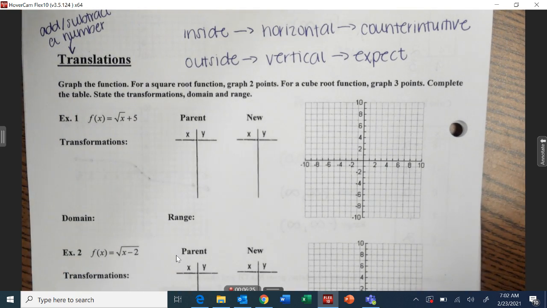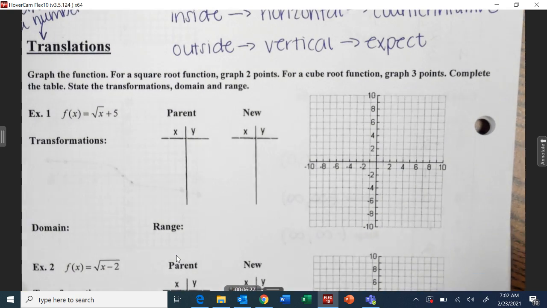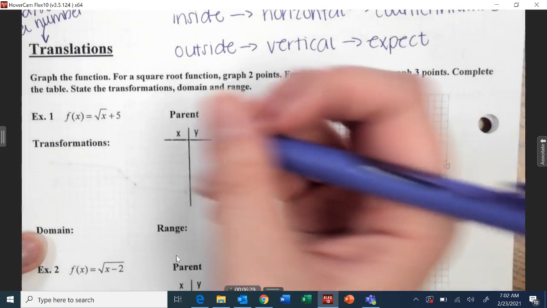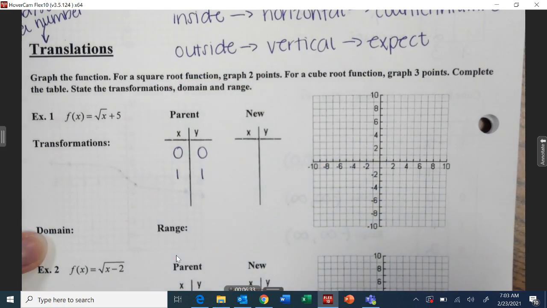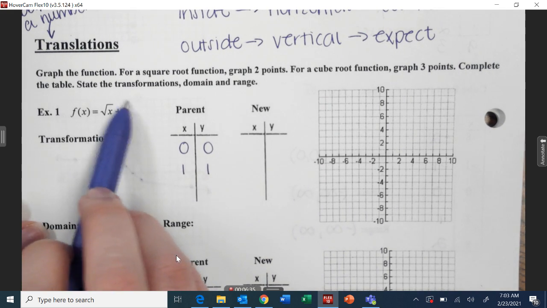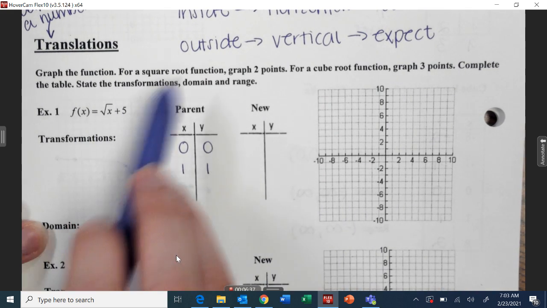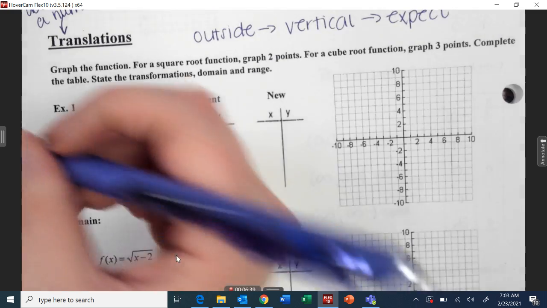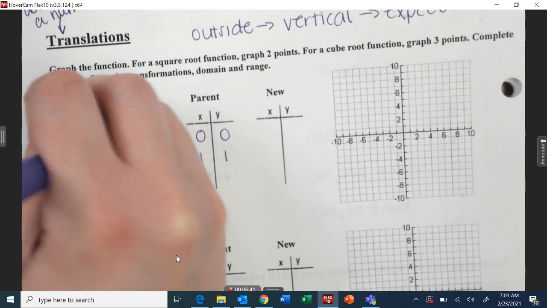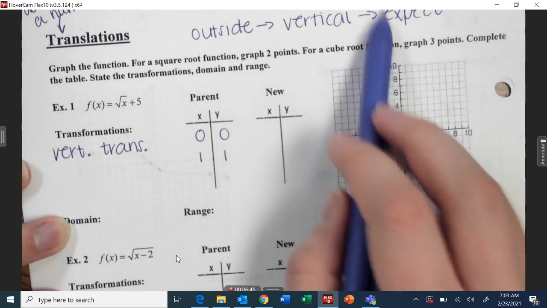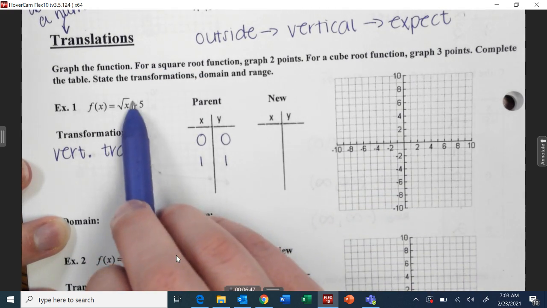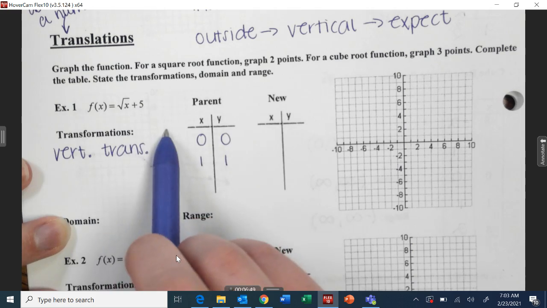So starting with this first function, square root, so I know I'm going to be using the parent points (0, 0) and (1, 1). And then we want to list the transformation. This plus 5 is on the outside, so I know it's vertical. It's a vertical translation because it's what we expect. When you see plus 5, you should move in a positive direction.